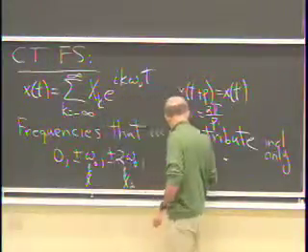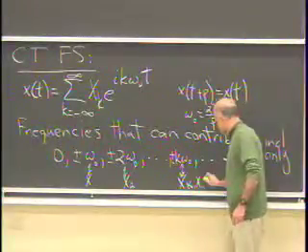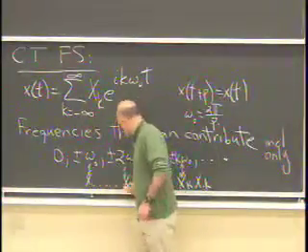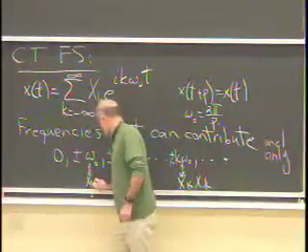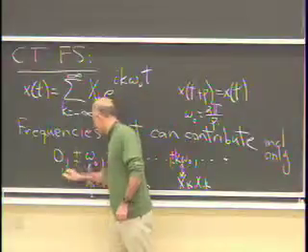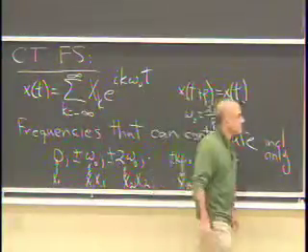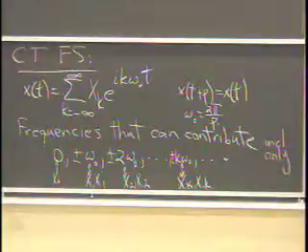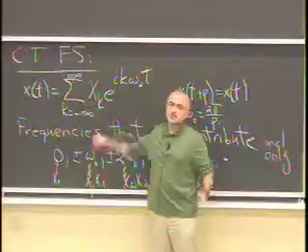Oh, I should say x k and x minus k, the way I've written it. x2 and x minus 2, x1 and x minus 1, and x0. So what we want to find is the expression for each of these coefficients, and then we're done.